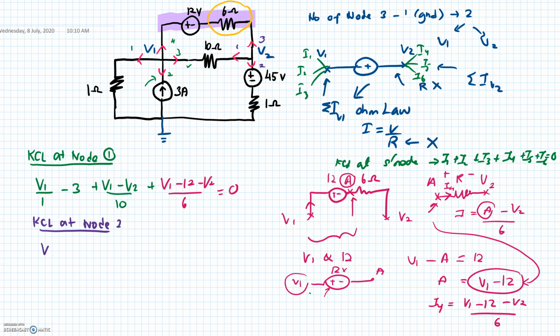So 1 is V2 minus V1 over 10, and then plus, actually you can move this one if you are confused with the circuit. You can move here, so you can get V2 minus 45 over 1. And now what are the equations here?